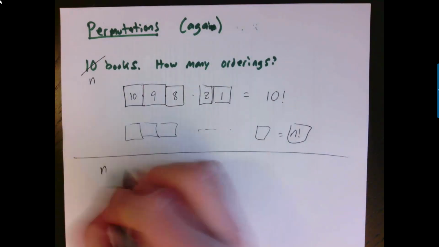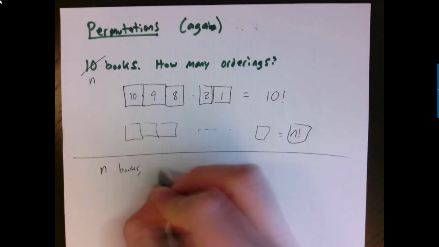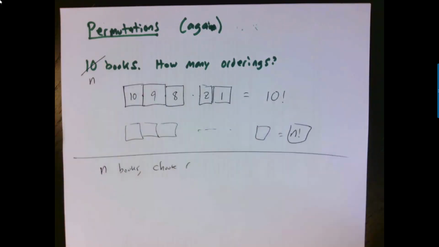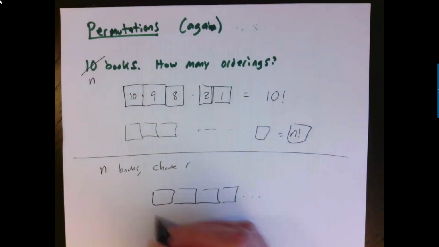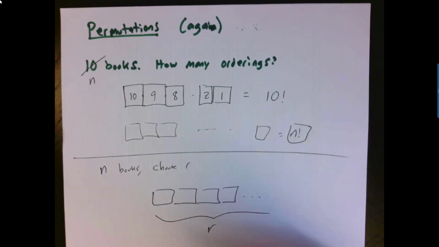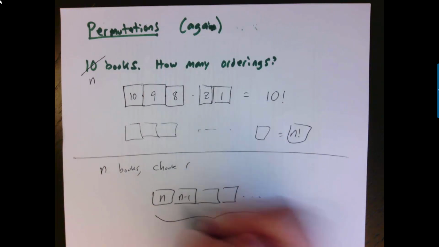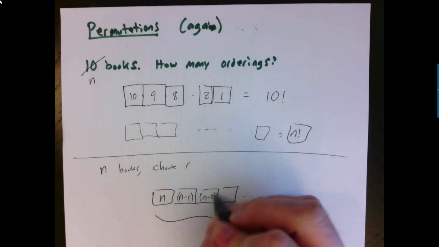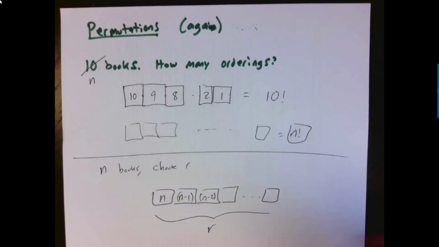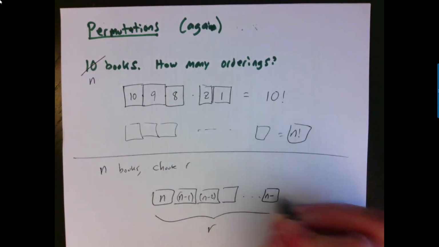If I have n books and I want to choose r of them, what that means is I'm making r choices. So there's going to be r of these. There's n ways to choose my first thing. There's n minus 1 ways to choose my next thing, because I've already chosen one of the available ones. N minus 2, and so on. And then down here, it's going to be n minus r plus 1.